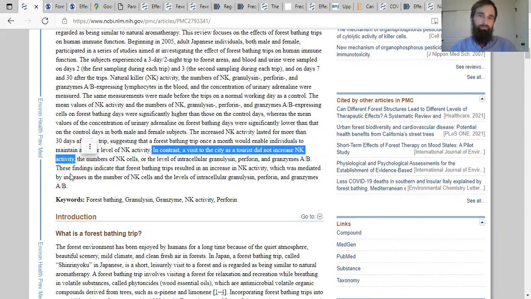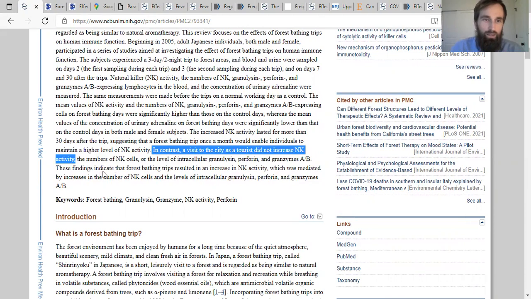This was a randomized controlled trial in that they had one group spend a certain amount of time in the forest, and later a certain amount of time in the city.